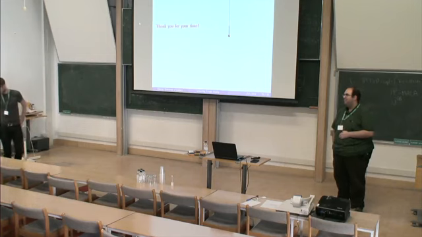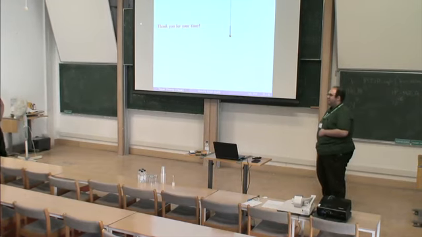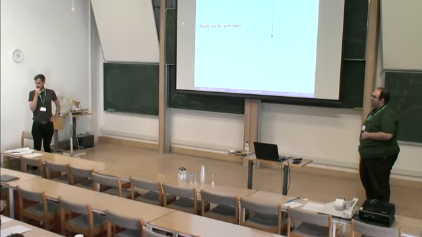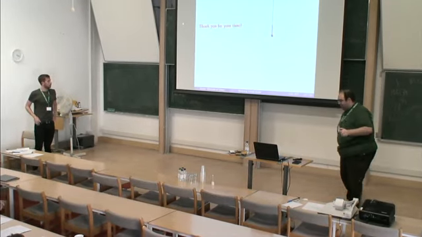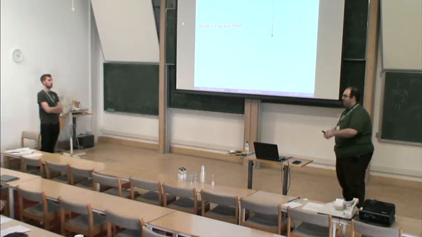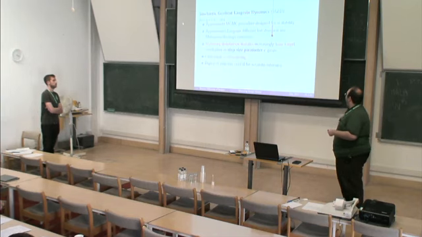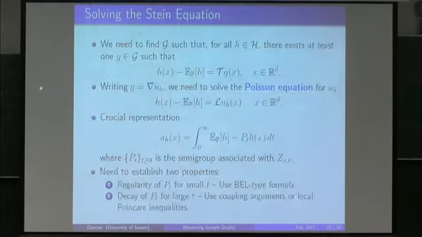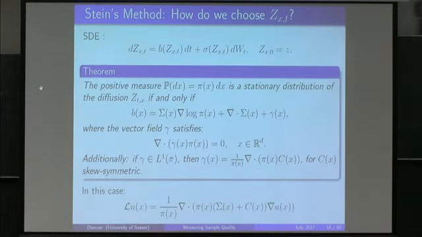So can I ask, why can you do it only for elliptic? Yeah. It's not that you can only do it in elliptic, it's that we only know how to do it in elliptic. There are two steps here, right? For the first part, let me go back.